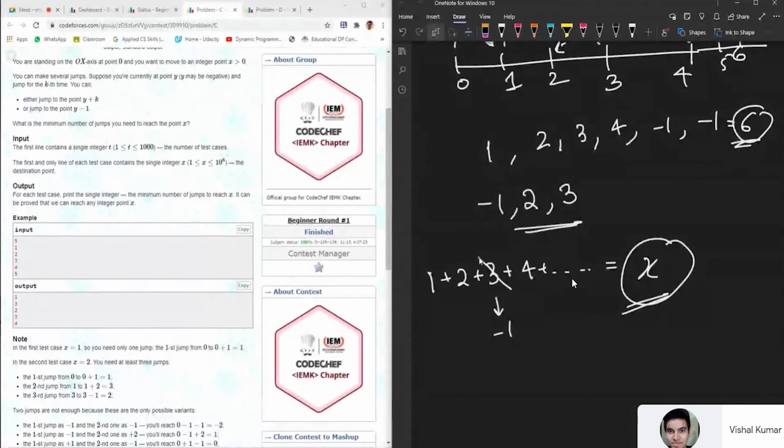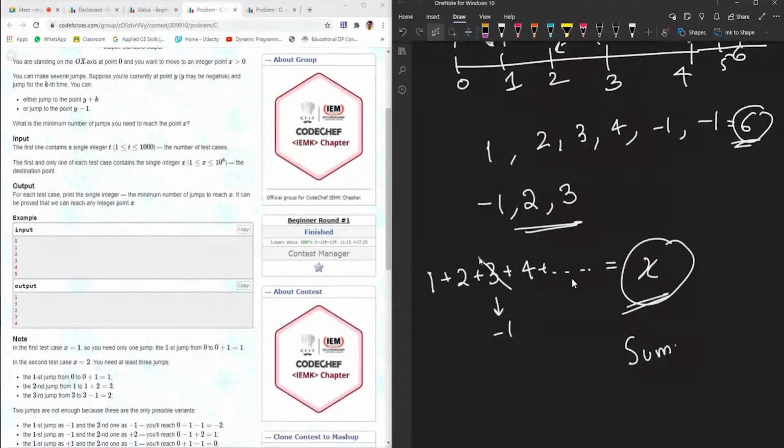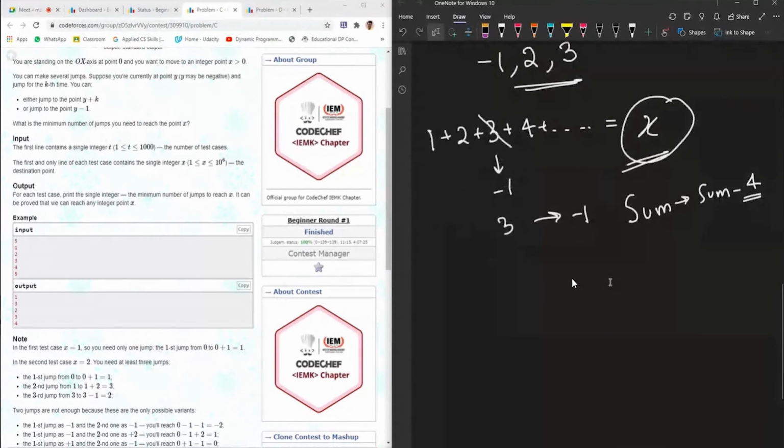So for example, if I convert 3 to -1, I am subtracting my sum by a total of 4, because I'm converting 3 to -1. If I convert 2 to -1, I must subtract my sum by a total of 3.